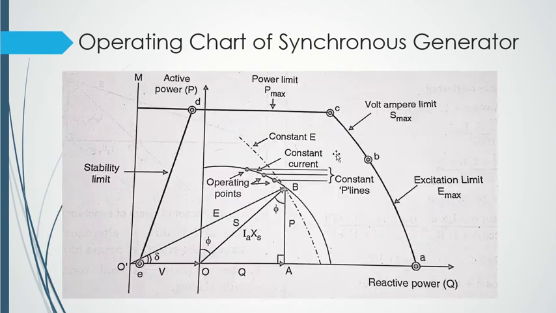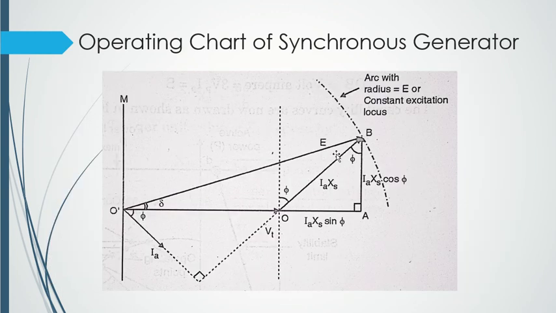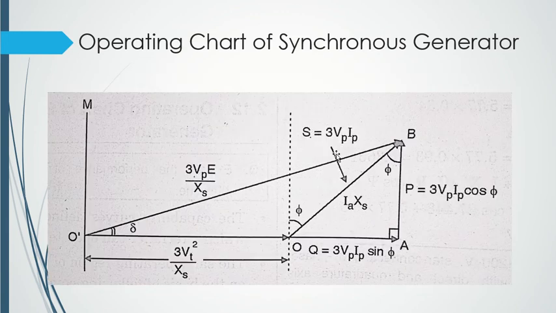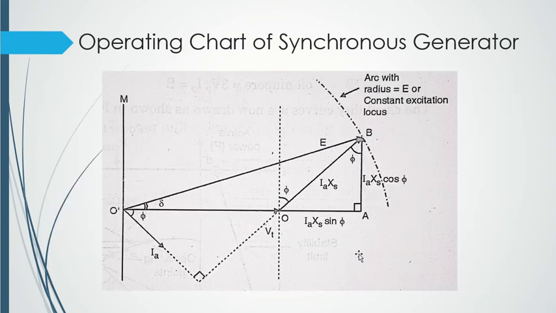After, apologies, after multiplying it with 3Vp divided by Xs, right? And the same happened with my cosine and sine components as well. Here we had Ia Xs into sin phi, and after multiplying it with 3Vp divided by Xs, what did we get?